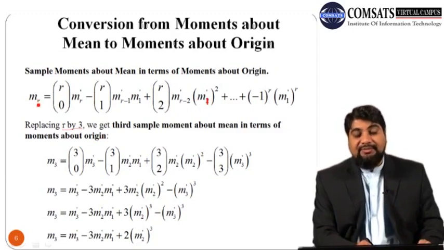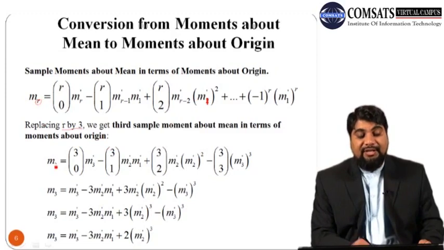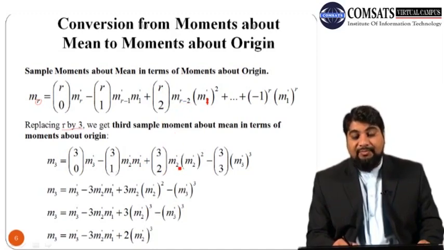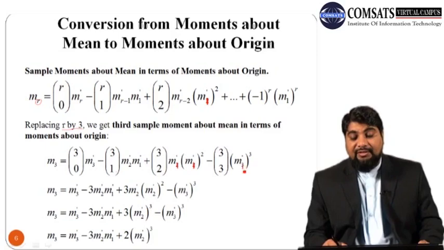Just replacing r by 3, we get m3, so 3c0 m3', then 3c1, m' 3 minus 1 we get 2, this m1' whole as it is, then 3c2, 3 minus 2 which is 1, and m1' whole square, and the last one is 3c3, so it will be m1' whole cube.